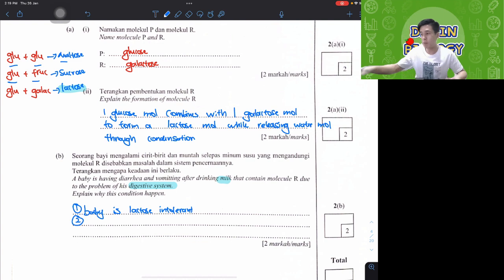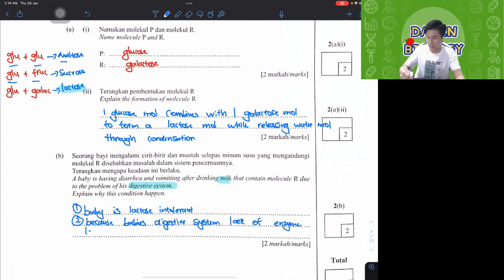Explain. Why certain people cannot digest lactose is because they don't have the enzyme lactase. They can't produce the enzyme lactase to digest the lactose. So you can just say that the baby's digestive system lacks the enzyme lactase.